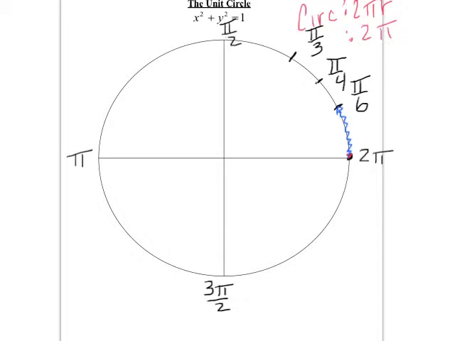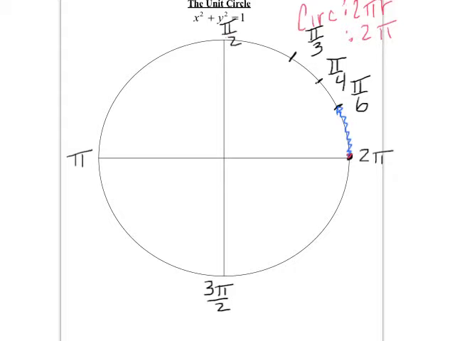Well, I would end up right here, because pi over 6 plus pi over 6 is 2 pi over 6, which is also known as pi over 3. What if I went again? What if I added another pi over 6? Where would I end up? So pi over 6 plus pi over 6 plus pi over 6, so 3 pi over 6 is pi over 2.